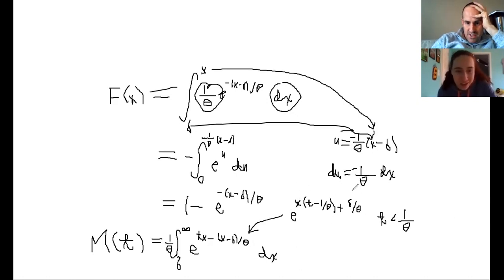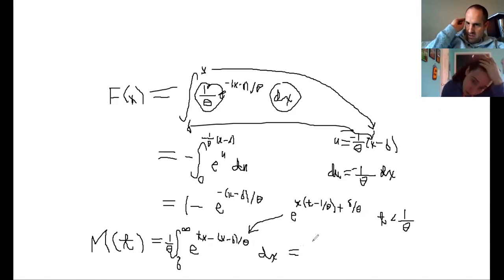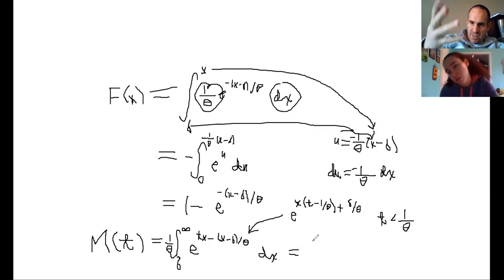Okay, so what is the antiderivative of this junk, keeping in mind that the variable of integration is x? What is the antiderivative of this garbage right here? It would just be e to all that stuff times 1 over du, which would be t minus 1 over theta.